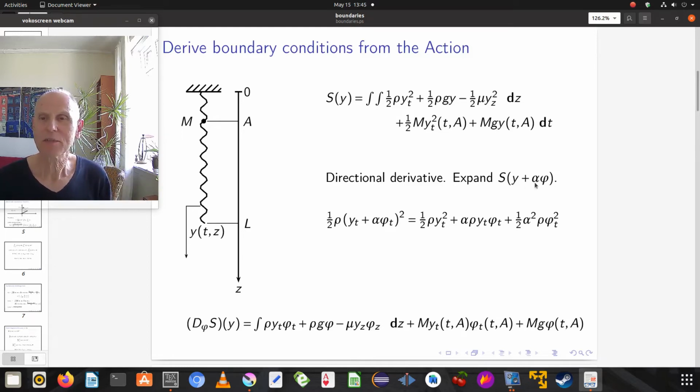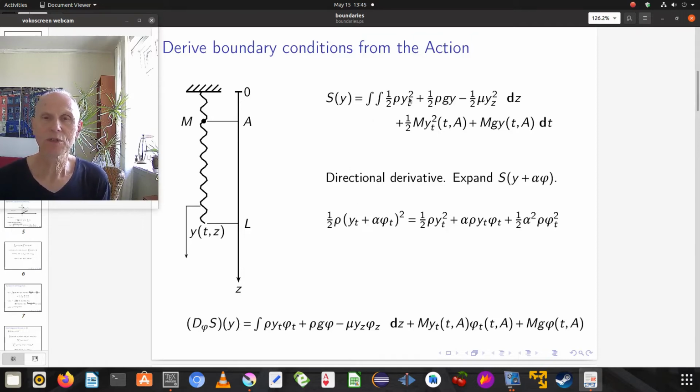So we just expand this expression, S evaluated at y plus a little change in the direction of phi. And when we do that, we get a lot of terms from the squares that we have to expand.